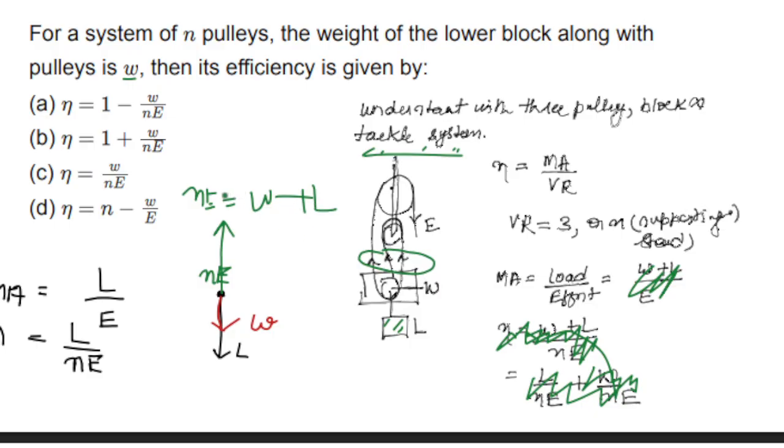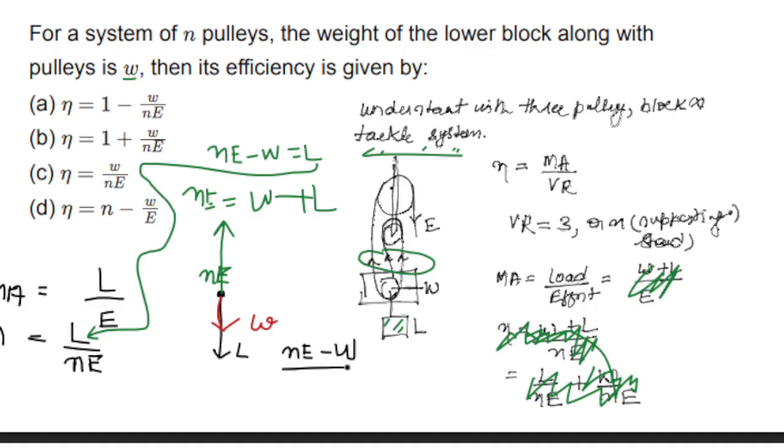And can I say L is equal to nE minus W? nE minus W is equal to L. Yeah, and we can put this L value here, right? So what will happen now? L will become nE minus W, divided by nE. So nE divided by nE minus W by nE. So we will get this expression. So option A will be the correct option. Okay, let's go next.